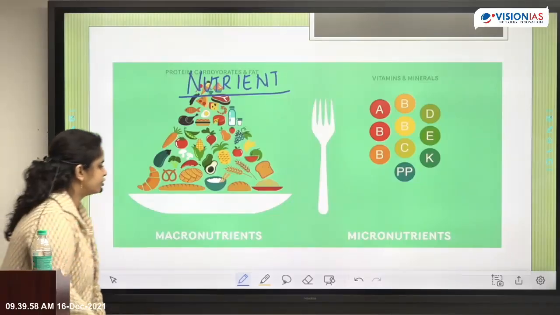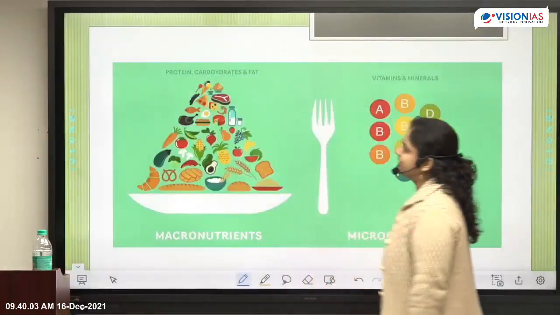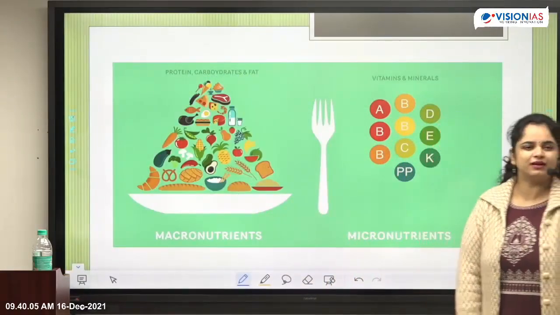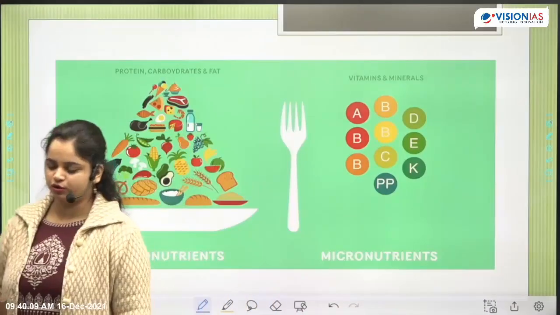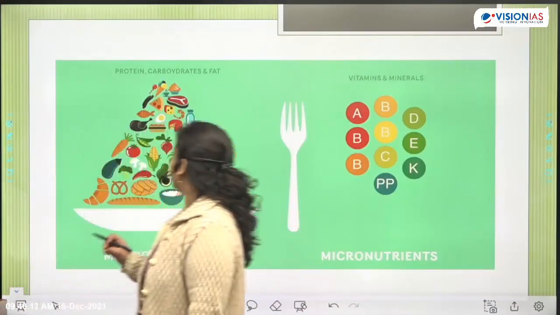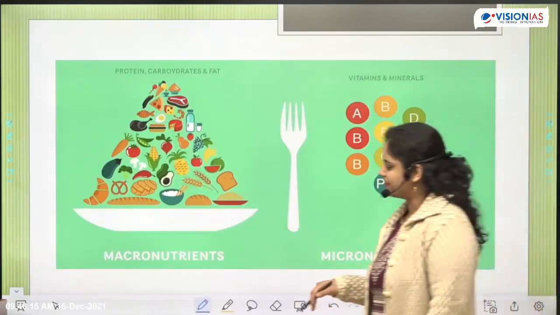Now we are going to categorize the nutrients based on in what quantity we need them. How much of a nutrient we are going to need, based on that we will divide it into two categories. We have the macronutrient.